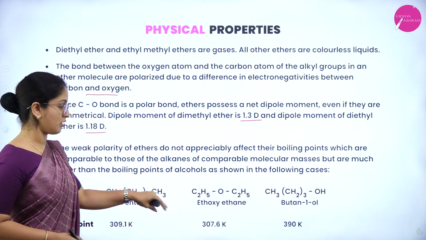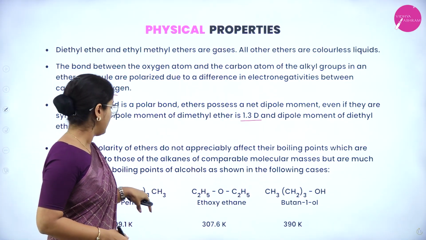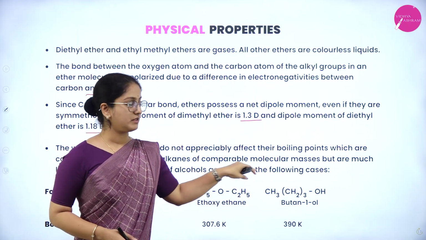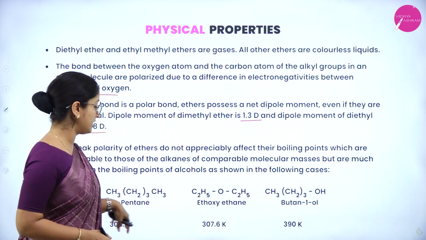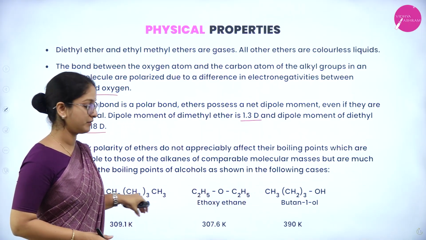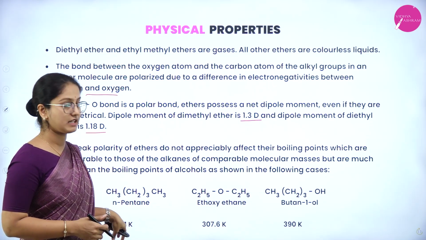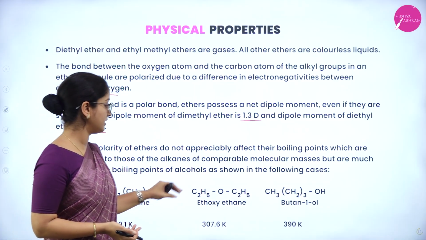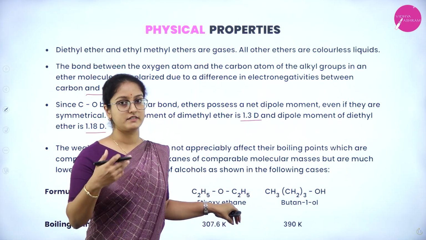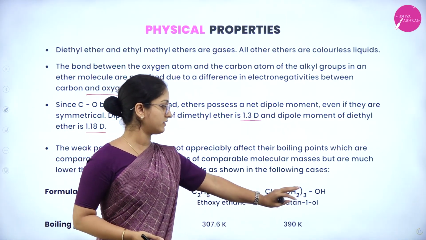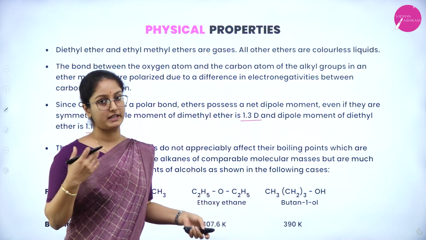Here are three compounds taken as an example: n-pentane, ethoxyethane, butan-1-ol. Their boiling points are n-pentane 309.1 Kelvin, ethoxyethane 307.6 Kelvin, and butan-1-ol 390 Kelvin.